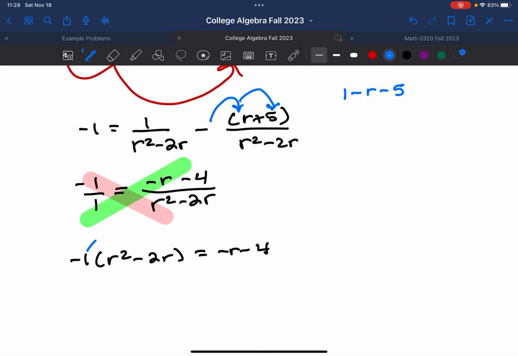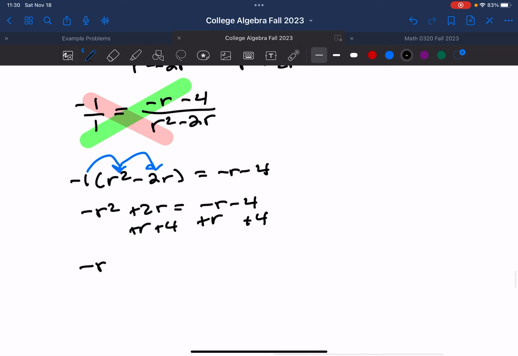So again, I'm going to have to distribute that negative 1, and I get negative r squared plus 2r is equal to negative r minus 4. Since I have that r squared in there, that means I need to have everything over to one side and set equal to 0. So I'm going to add r and add 4.